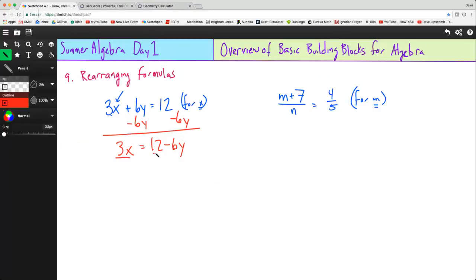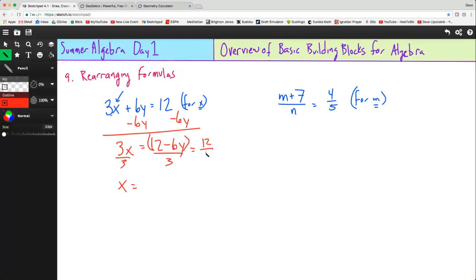So now we have 3x equals 12 minus 6y. Now we need to divide both sides by 3. And so on the left side, we get x. And on the right side, remember, go back to step 2, lesson 2 from today on these slides. If we have a fraction and we're dividing the top piece by 3, we have to divide both terms by 3.